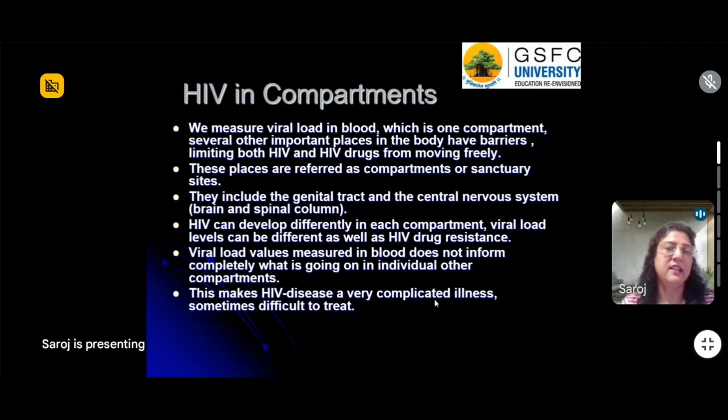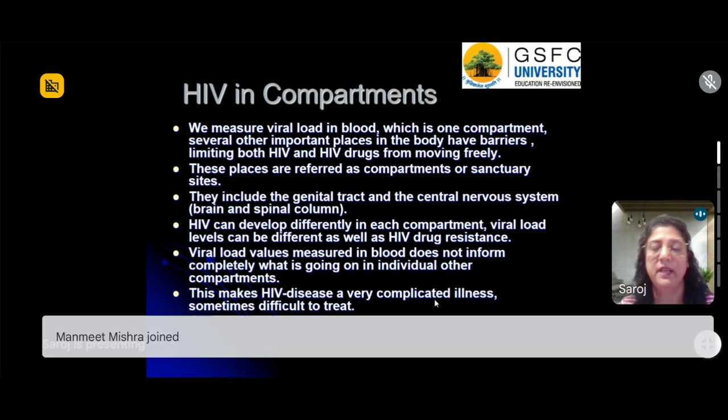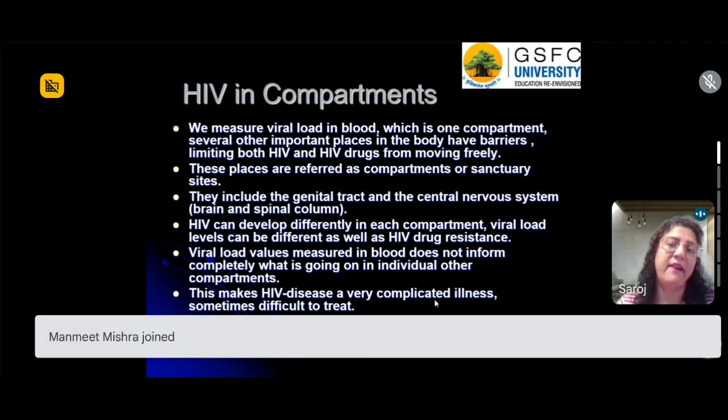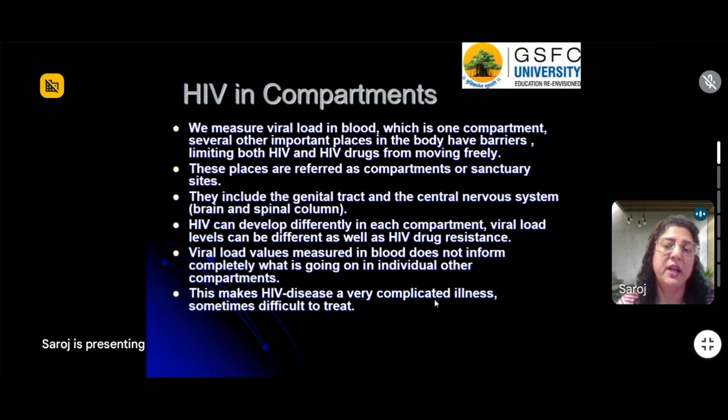So this is one of the reasons that, unless you can check all compartments of your body where the virus can take sanctuary, it becomes very difficult to treat the virus, because the infection will keep on coming back. And this is where the virus can develop a drug resistance, because it is developing very differently in each and every one of your compartments.